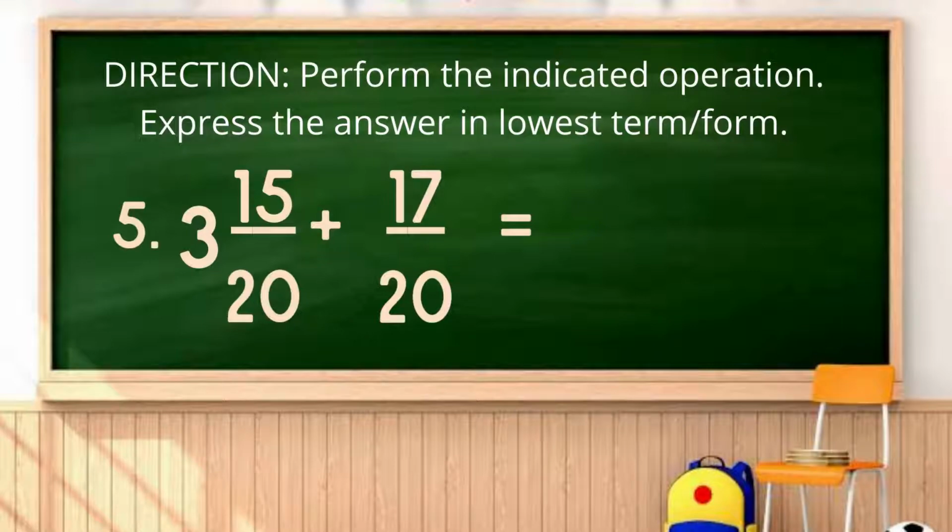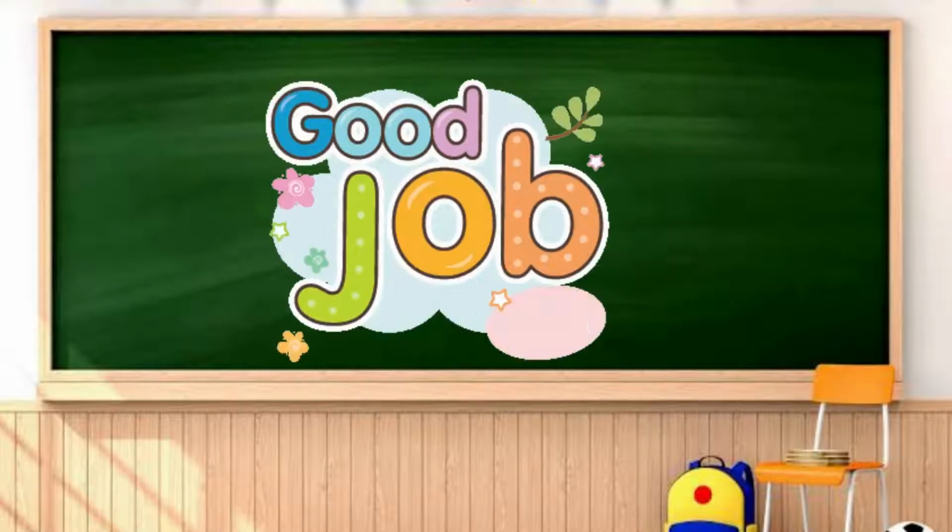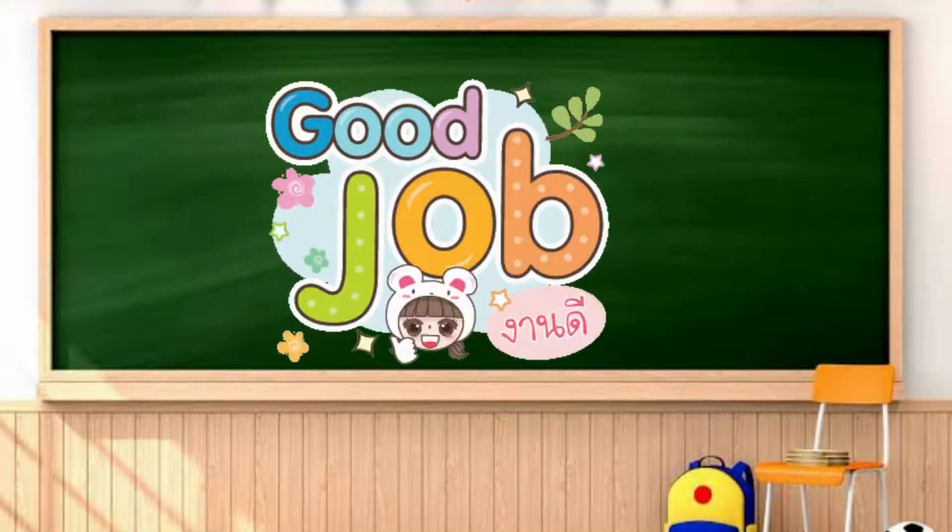Time is up. What is your answer, children? Very good. The answer is 4 and 3/5. How many of you got 5 correct answers? Good job, kids, for doing well in the given activity. I guess that you are now ready for the next activity.